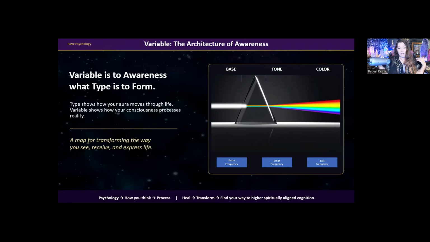So the variable is to awareness, how you're aware of the world. Type shows how your aura moves through life, and variable shows how your consciousness processes reality, a map for transforming the way you see, you receive, and you express life. Really interesting stuff.